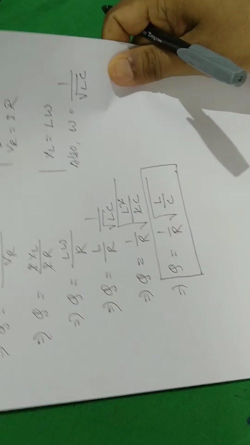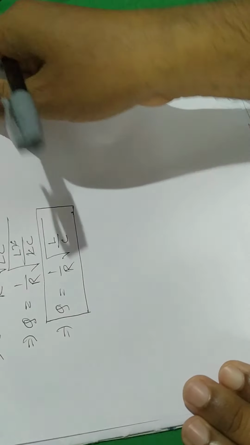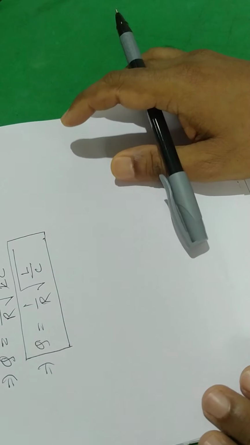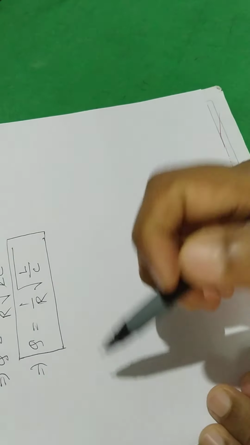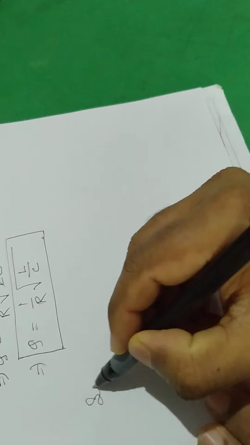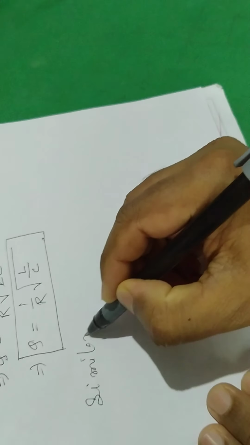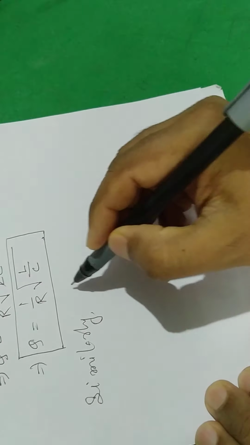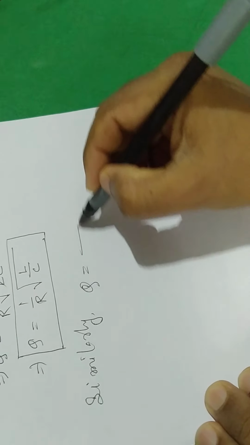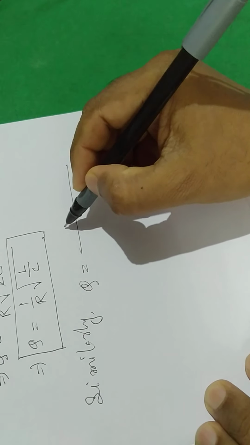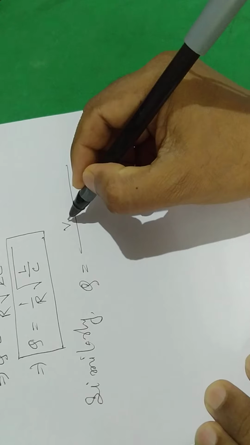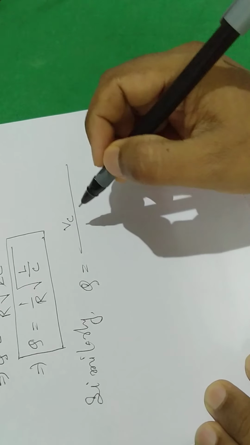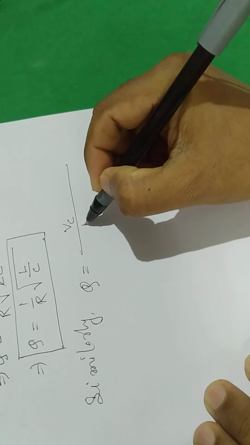Similarly, we can calculate for capacitor. Quality factor Q equal to voltage across capacitor divided by voltage across resistor.